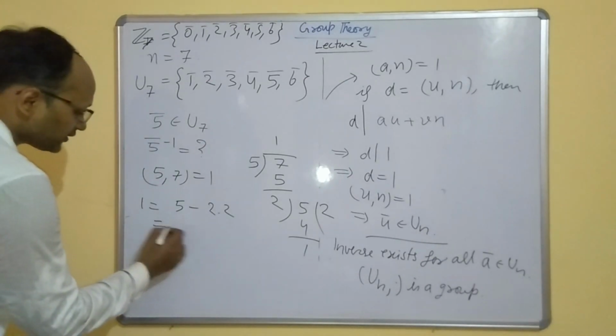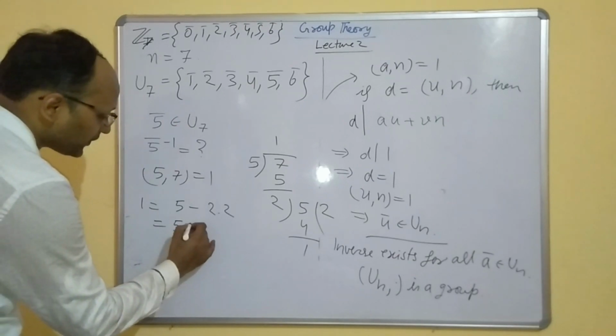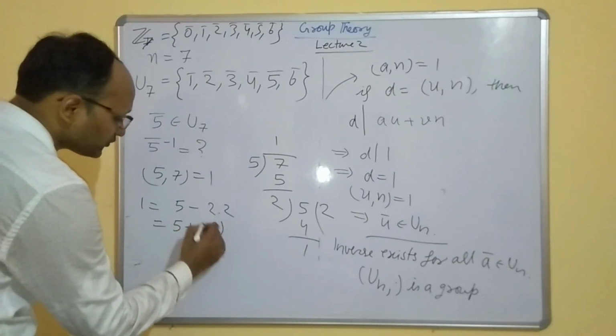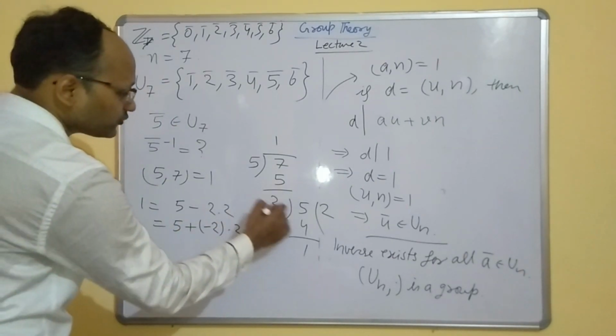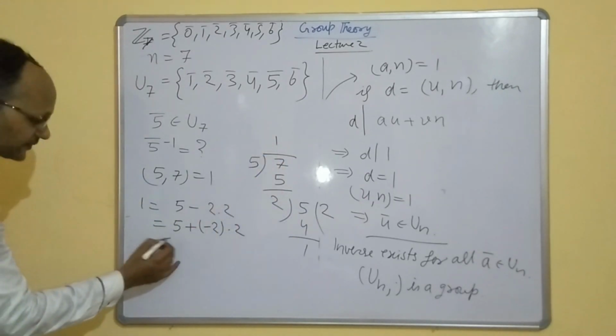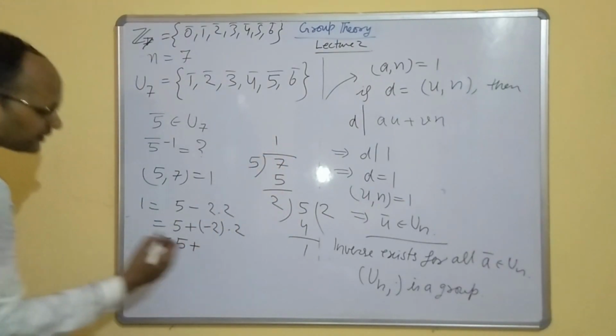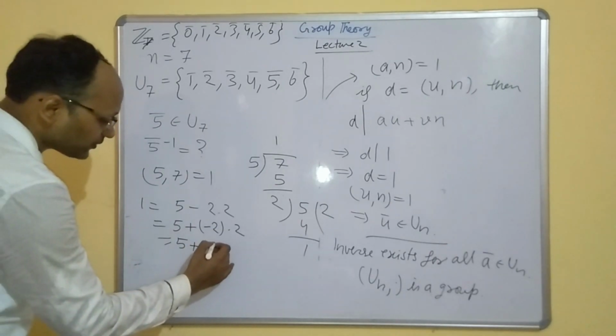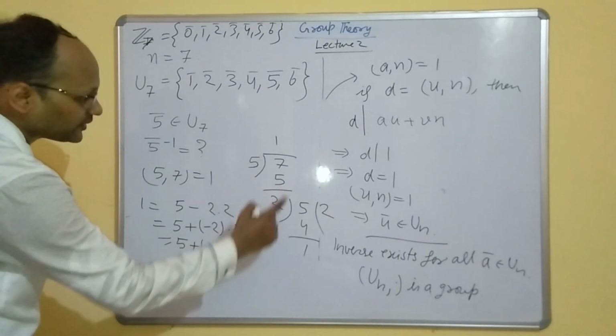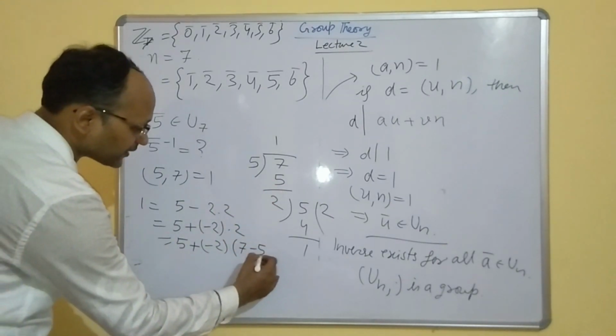Further, this is 5 plus minus 2 into 2, and this 2 can be written as 7 minus 5, since everything we want in terms of 7 and 5.